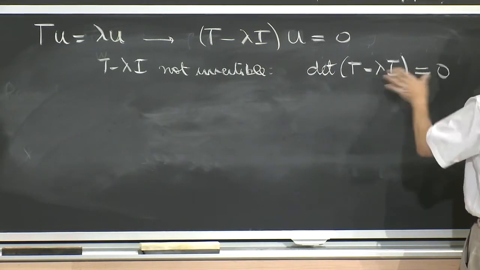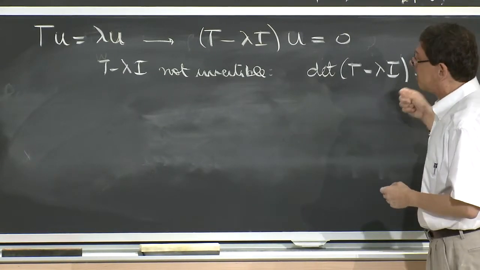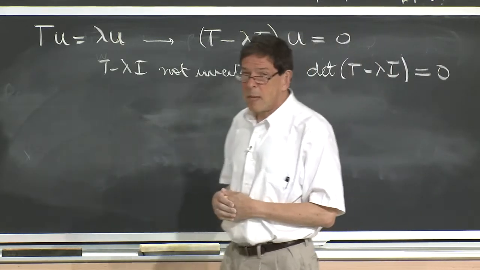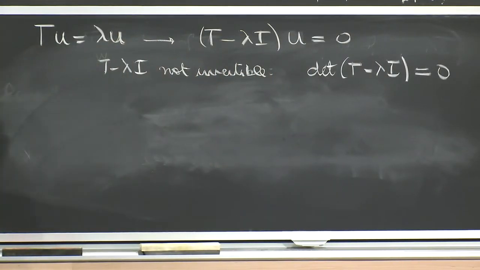And the determinant is something you calculate for a matrix. So if you want to calculate this determinant, you would typically choose a matrix representation of the operator and try to calculate its determinant. So if you did that, how would the computation look?